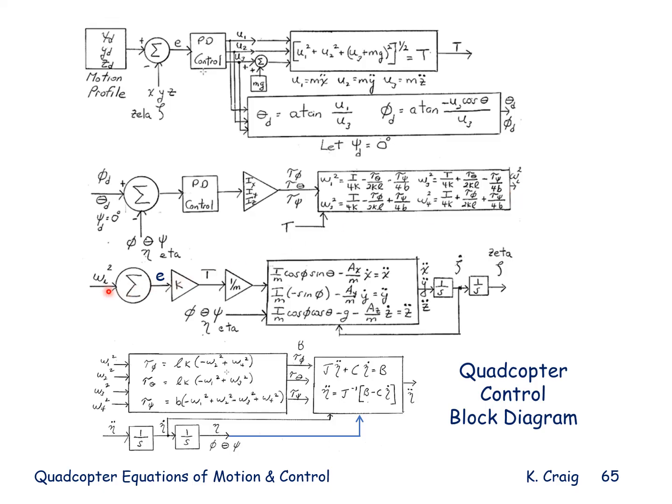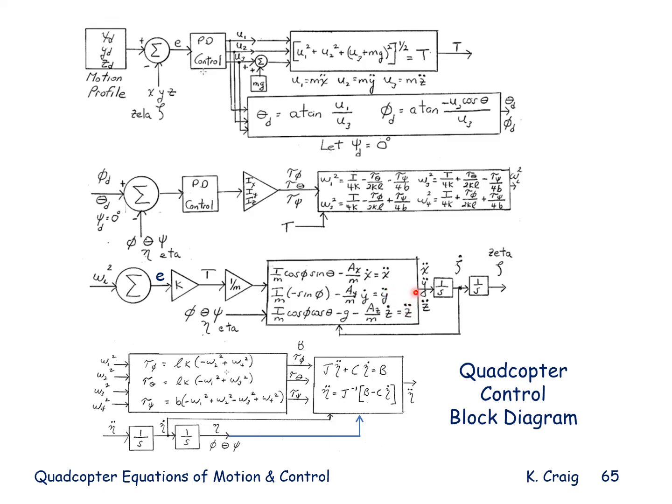Omega sub i squared, those four values can be summed, multiplied by k, the lift factor, which results in the thrust T. The thrust T can be multiplied by 1 over m, and along with the input of the angles eta, roll, pitch, and yaw, using these expressions, I can solve for x double dot, y double dot, z double dot.